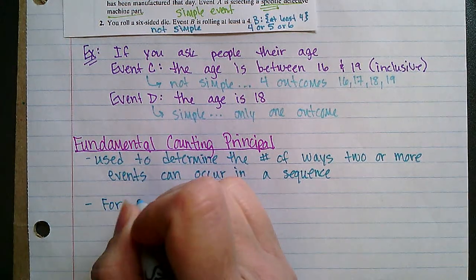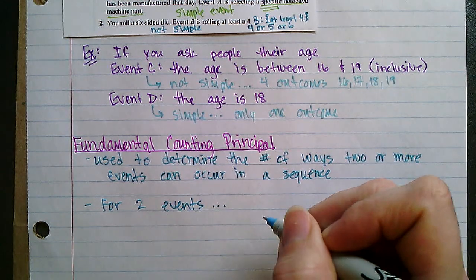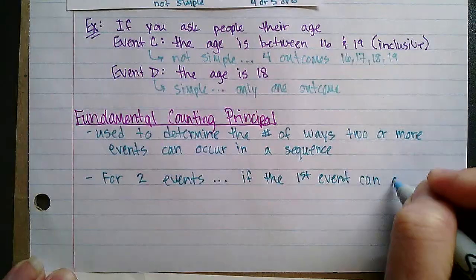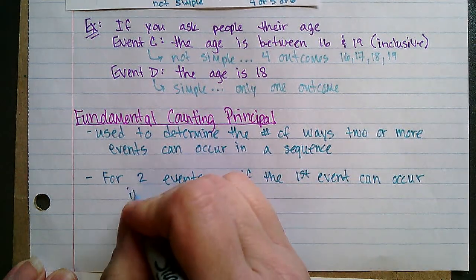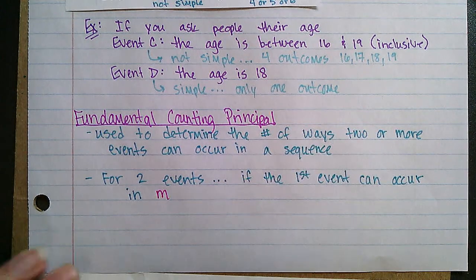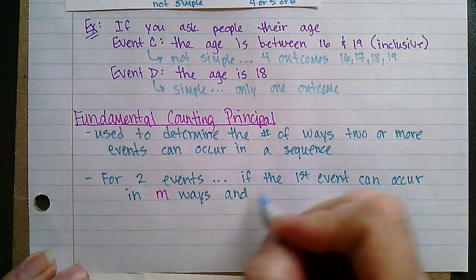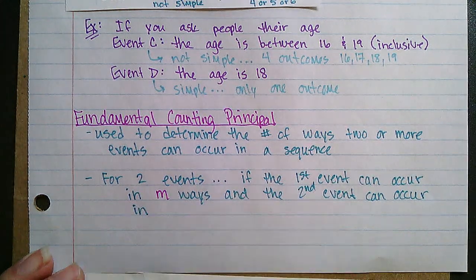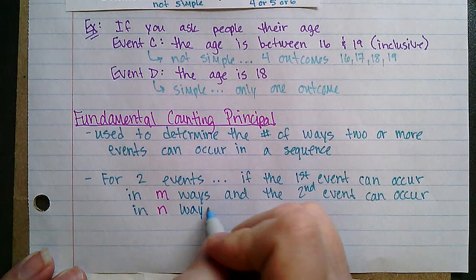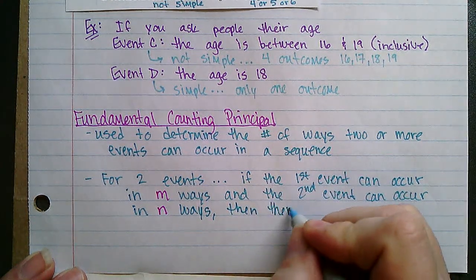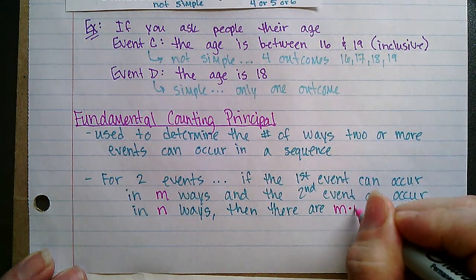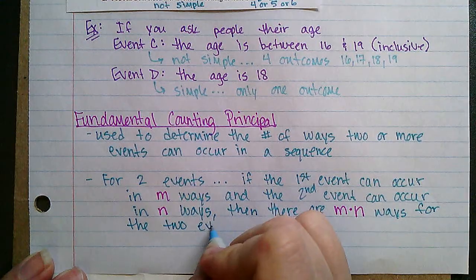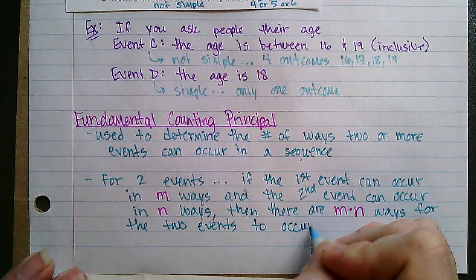So for 2 events, if the first event can occur in m ways, and the second event can occur in n ways, then there are m times n ways for the 2 events to occur in sequence.